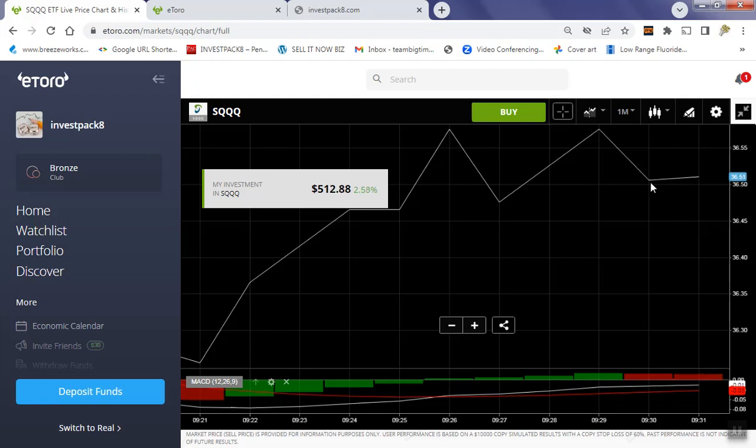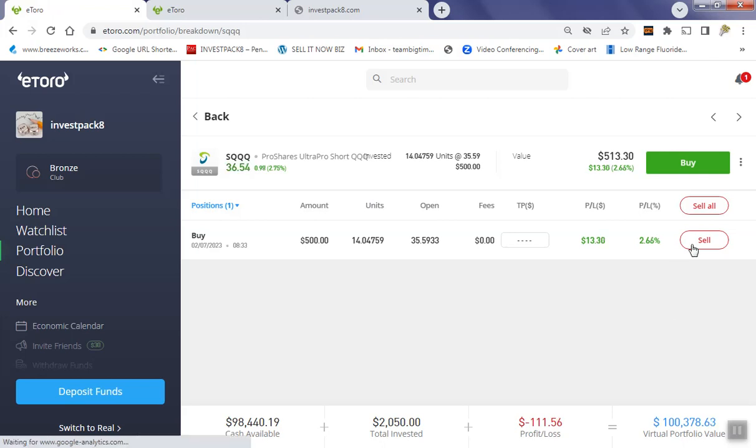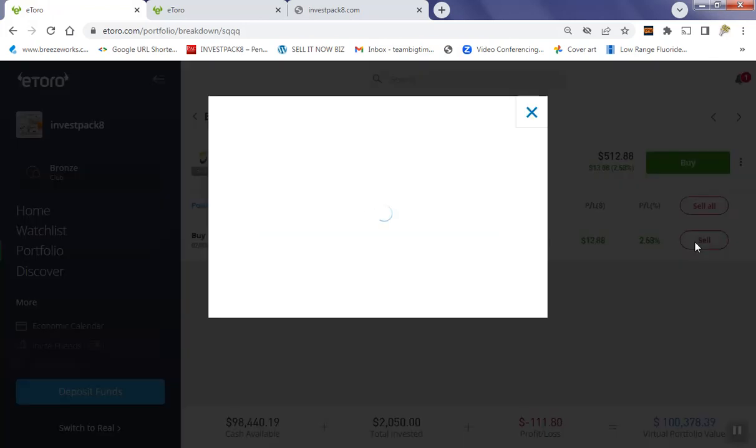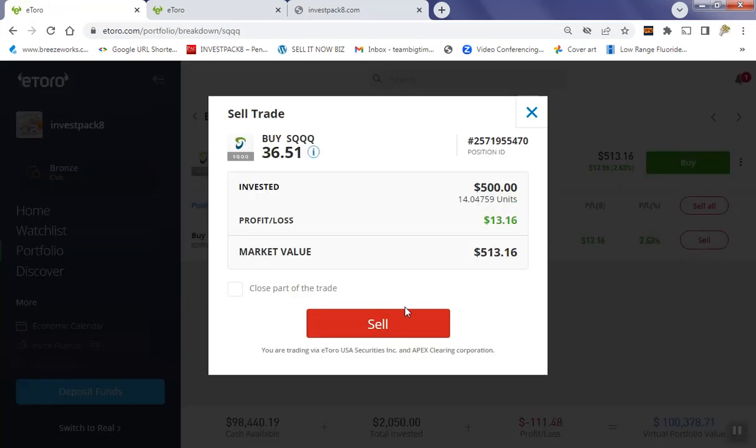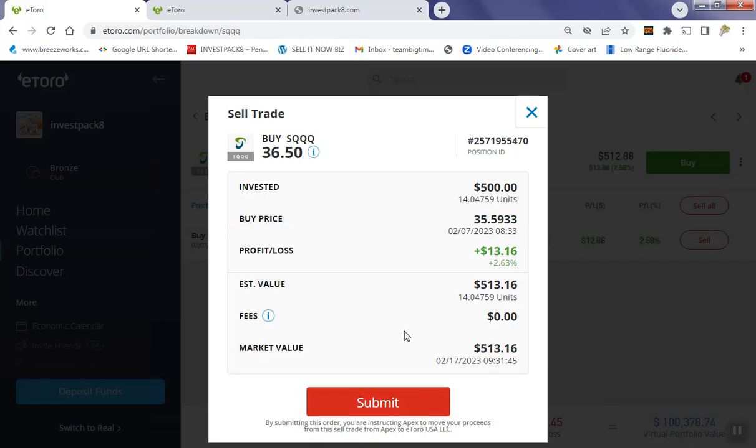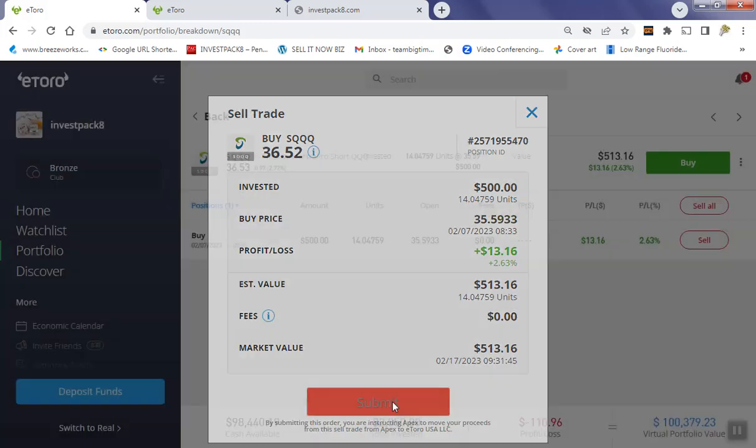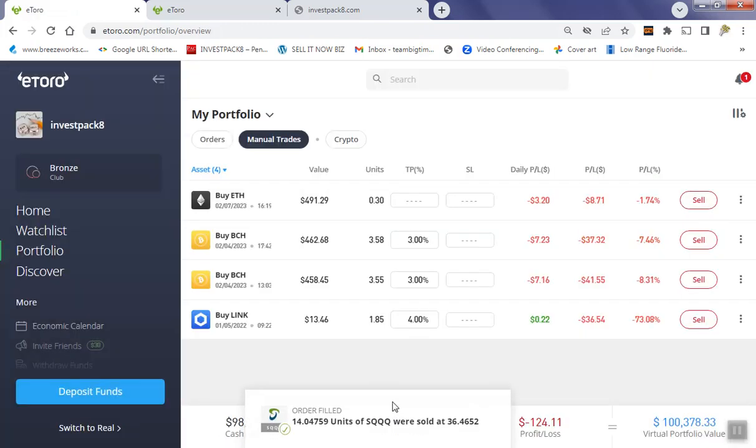So what I would do, okay, yeah, it is. See, they're getting closer. I'll keep my 13 and I'll go ahead and sell it. So I made $13. Okay, and it disappears. Isn't that great? It's just that easy.